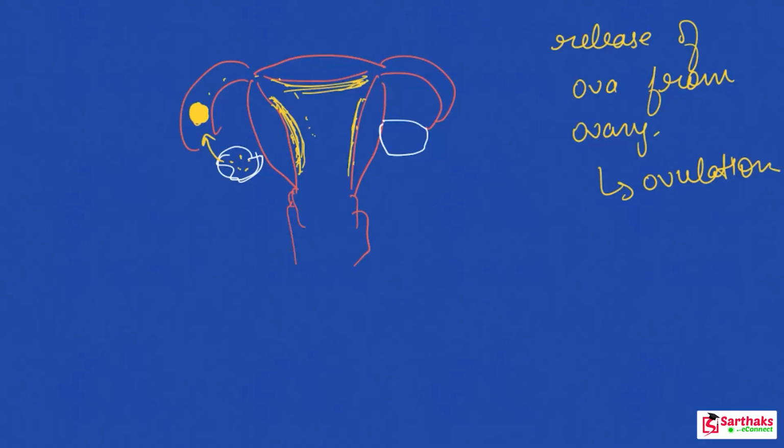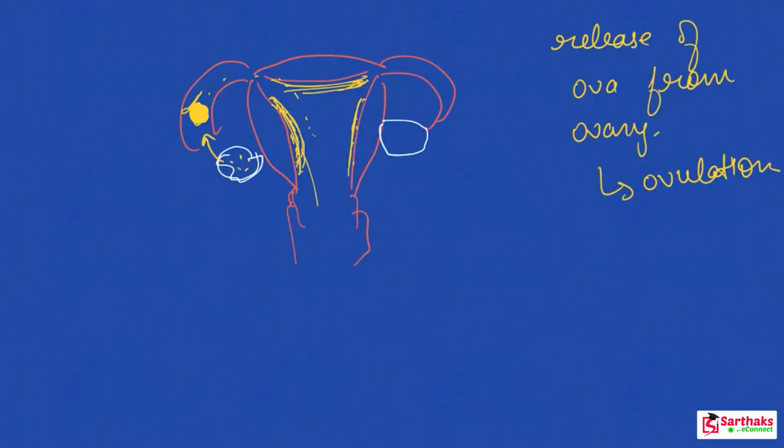So if the ova does not get fertilized due to non-availability of sperm in the female body, then the thick and soft inner lining of the uterus is no longer needed, and hence it breaks. Because ova waits only for one day for the sperm.